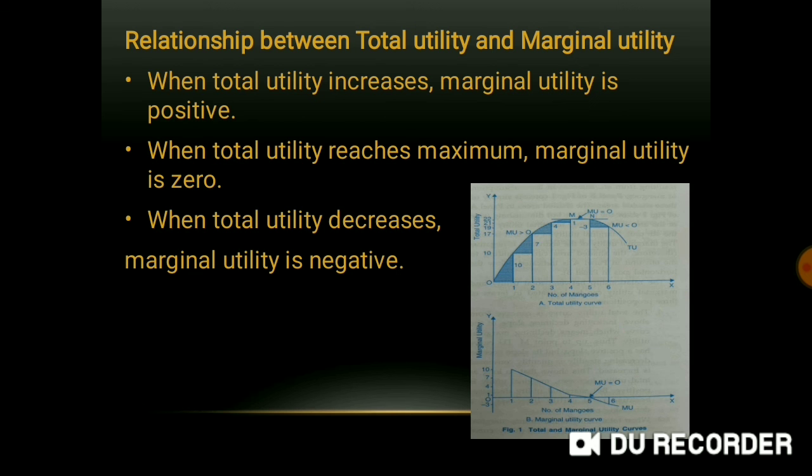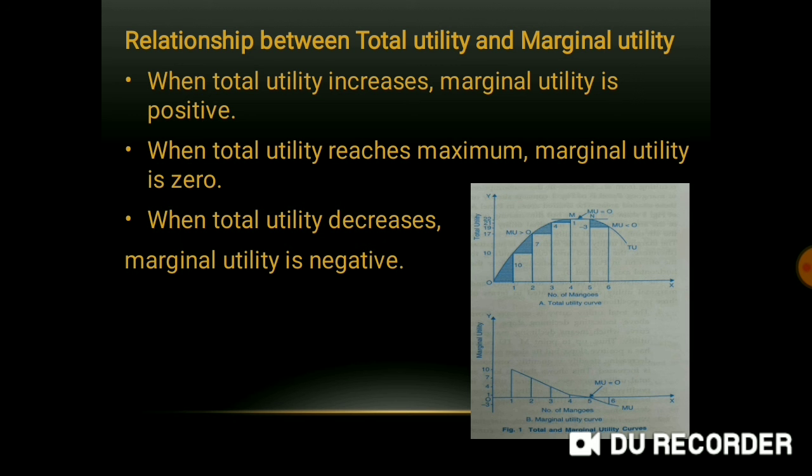Now let us see the relationship between the total utility and the marginal utility. There are 3 relationships between the total utility and marginal utility, and this is very important. So if you look at the first relationship, then when the total utility increases and it is at an increasing phase, then at that point of time the marginal utility is positive.